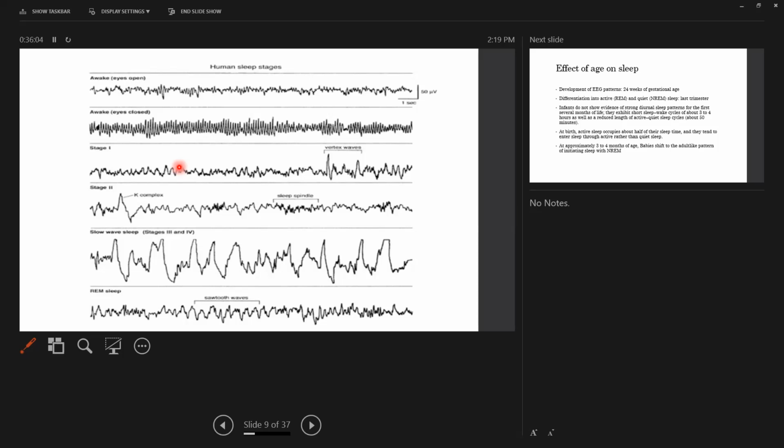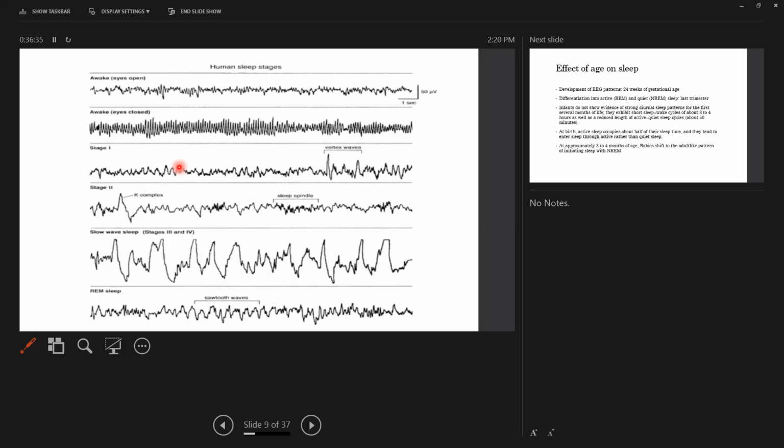Doing polysomnography is a very agonizing process. If you are titrating or waiting for a person to go to sleep, you sit in front of a monitor and these waves keep coming. Sleep spindles and K waves start coming and you say, okay, that person is about to go to sleep.